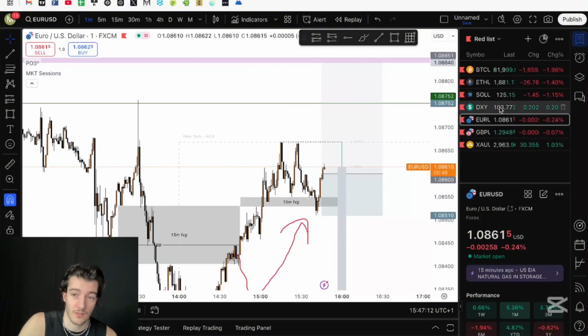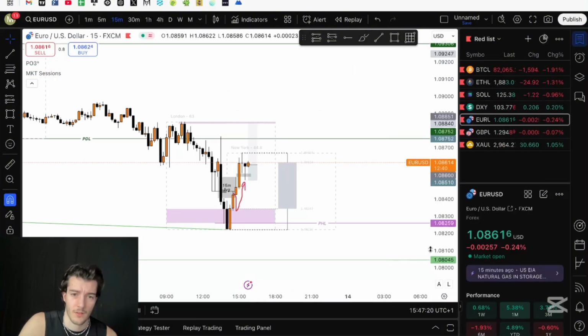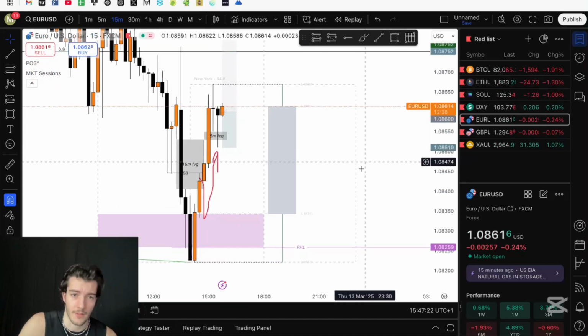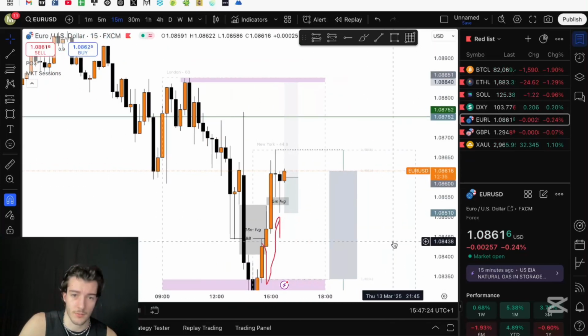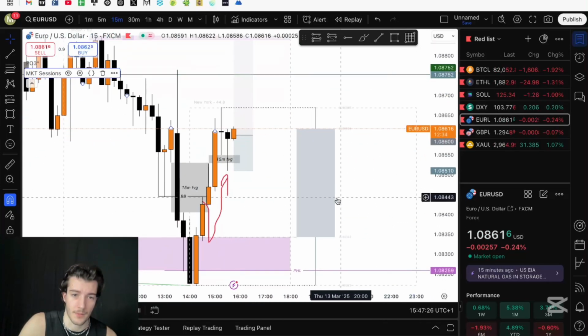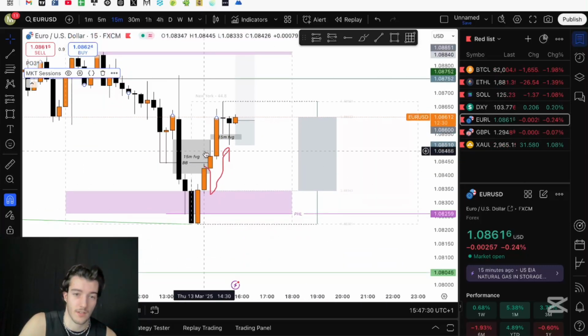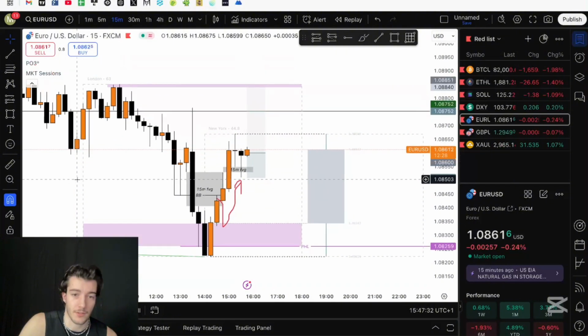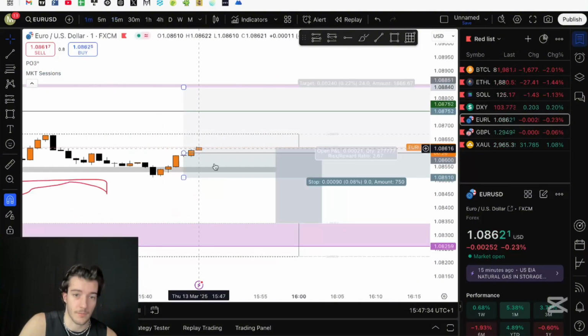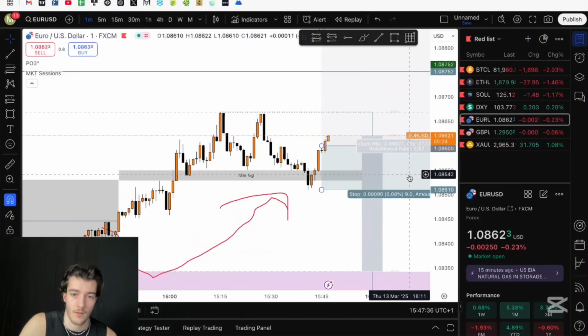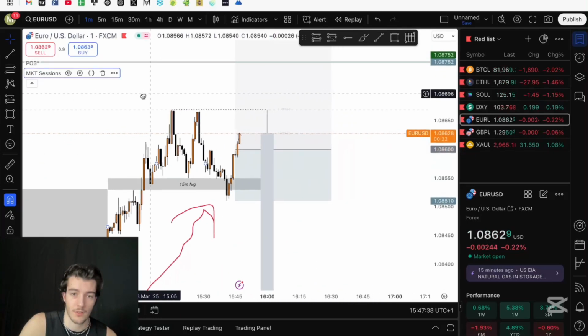Honestly, it looks high probability, it looks good. The question is, should I do that? Because the overall trend is bearish, but we quite literally just completely disrespected this 15-minute bearish with the breaker in it. So this trade looks good, honestly.